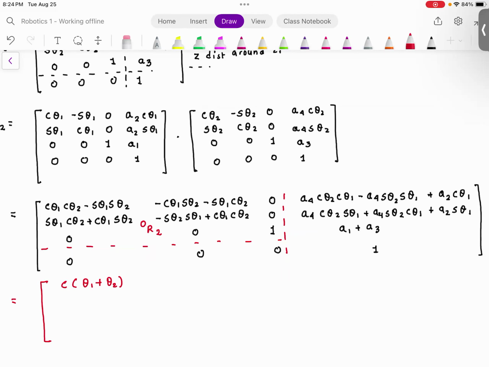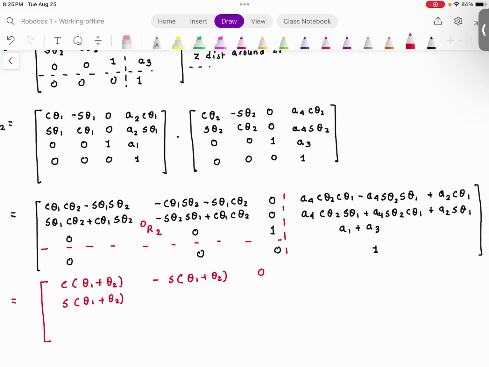Now tell me, what is the second formula? If you take minus outside, it's sine theta 2 cosine theta 1 plus cosine theta 2 sine theta 1. So this is sine of theta 1 plus theta 2. Do you agree with me? You have 0 here. What is this? Sine theta 1 cosine theta 2 plus cosine theta 1 sine theta 2, which is sine of theta 1 plus theta 2.